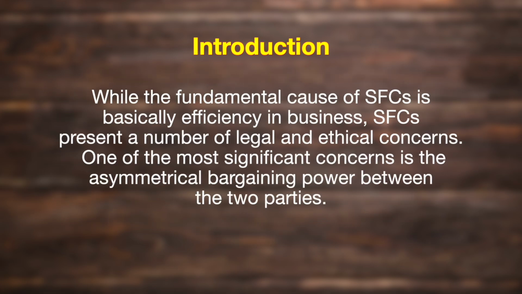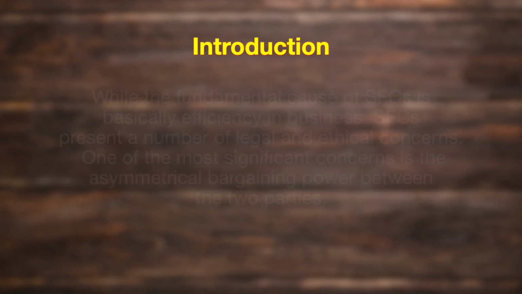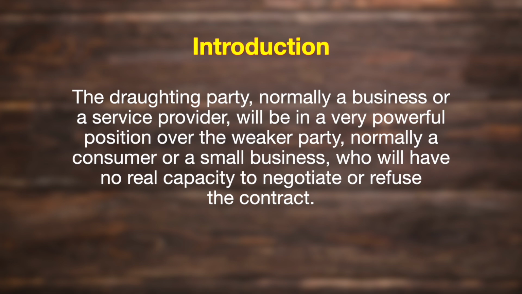While the fundamental cause of standard form contracts is basically efficiency in business, standard form contracts present a number of legal and ethical concerns. One of the most significant concerns is the asymmetrical bargaining power between the two parties. The drafting party, normally a business or a service provider, will be in a very powerful position over the weaker party, normally a consumer or a small business, who will have no real capacity to negotiate or refuse the contract.